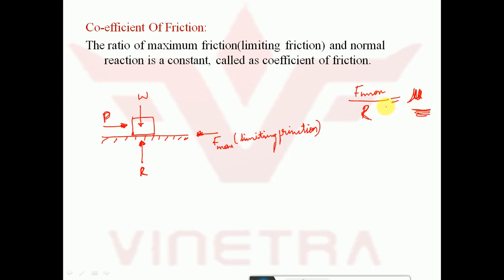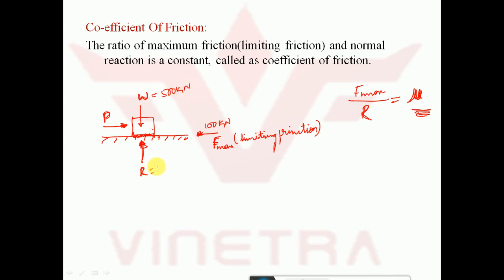Why does the question arise? For a given body, because of the surface roughness, the maximum or limiting friction is a constant value for this given surface and a given body. The weight of the body is given, meaning the weight is not changing, so this support reaction will not change. For example, the maximum limiting force is 100 kilonewton and the load of this body is 500 kilonewton.